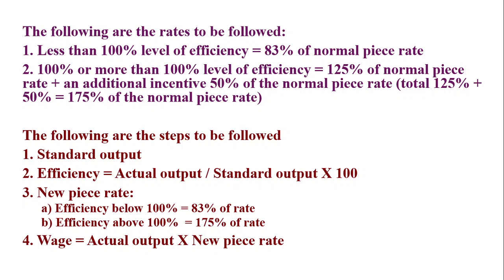The first one is less than 100% level of efficiency. The worker will get 83% of the normal piece rate.